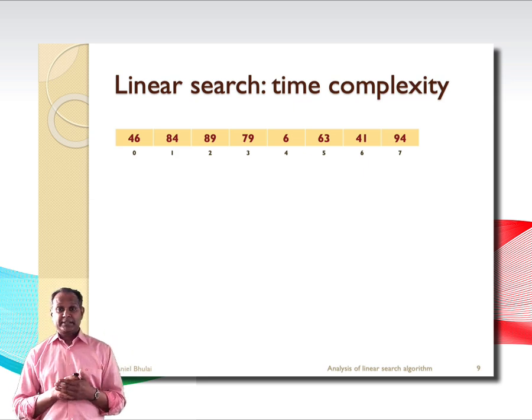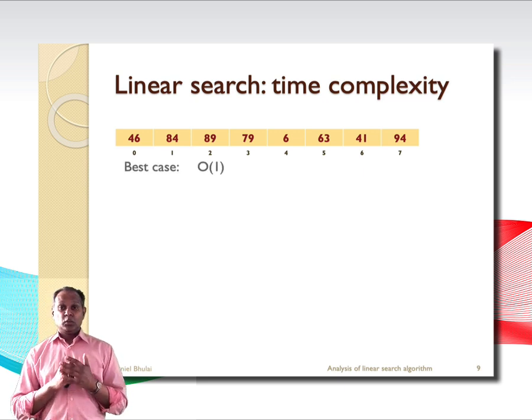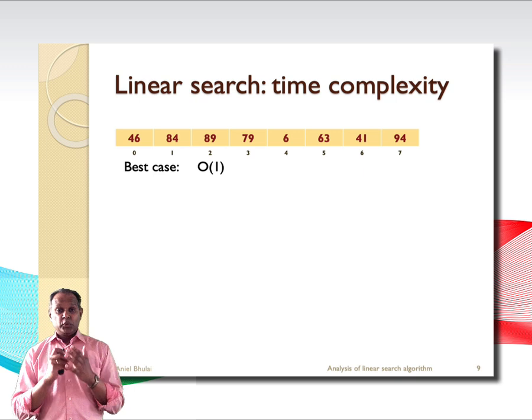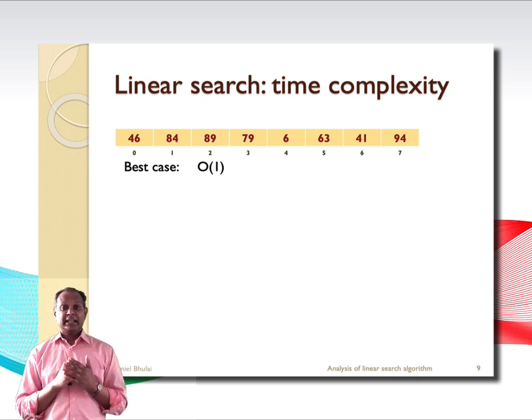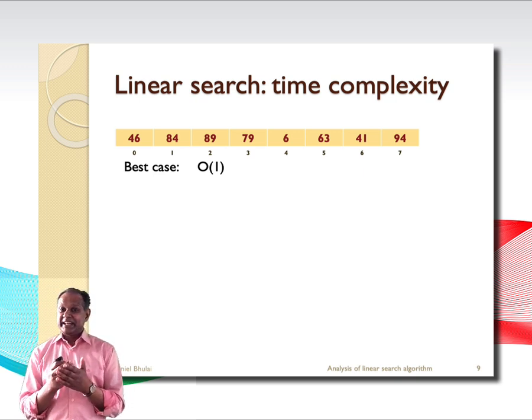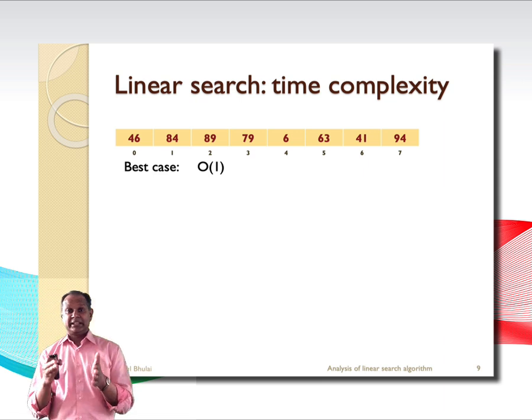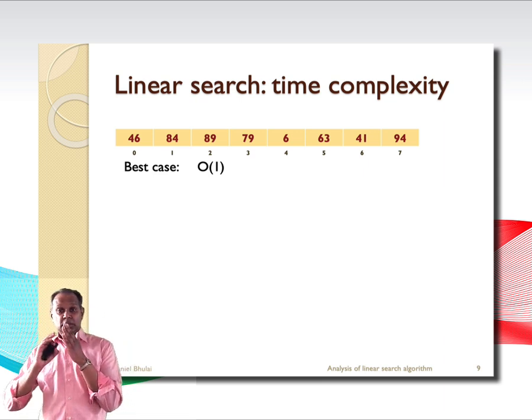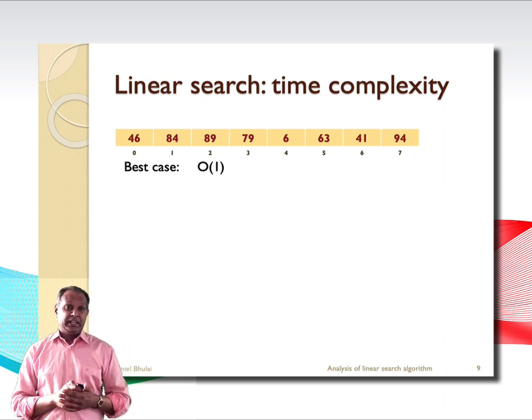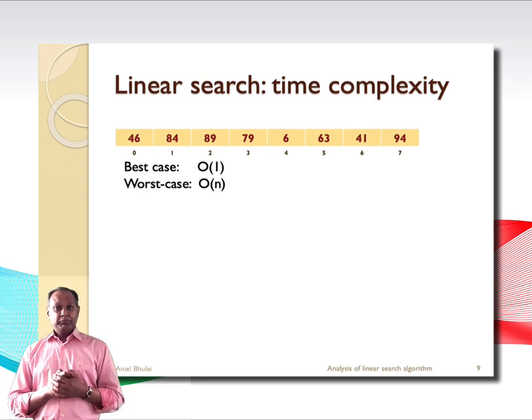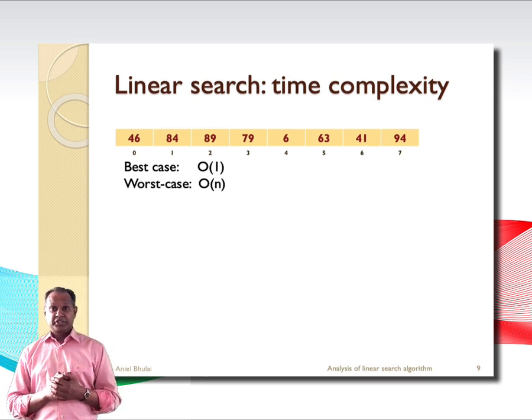So the time complexity for the best case is of the order 1. In the worst case, the algorithm needs n comparisons. This is the case when the key element is either at the last position or it is not present in the list.